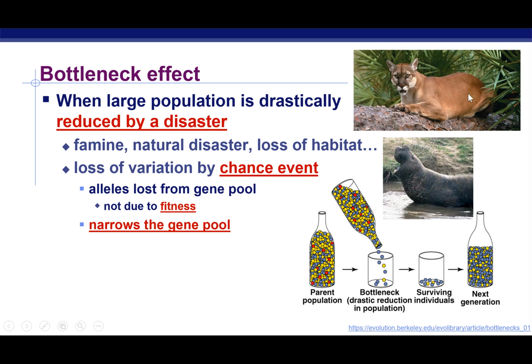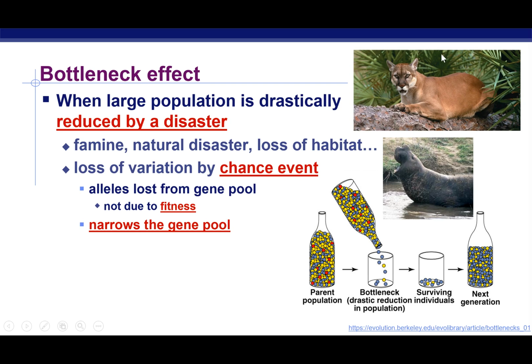Here's another example with the Florida panther. The Florida panther has been heavily hunted by humans. Its habitat has been devastated by humans. So the Florida panther is actually on the endangered species list. We have hunted it near extinction levels.